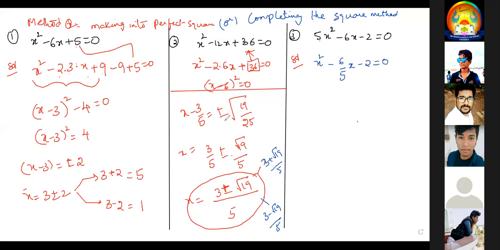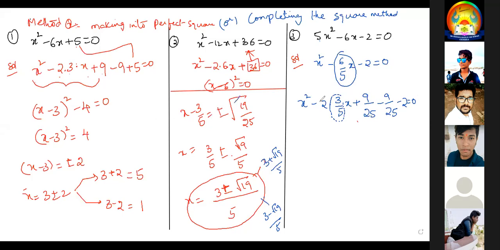Now this term should be written as x square minus 2 into 3 by 5 x. Now what is b? So this is the b. This number's square, 9 by 25, we should add, and we should subtract to balance the equation.